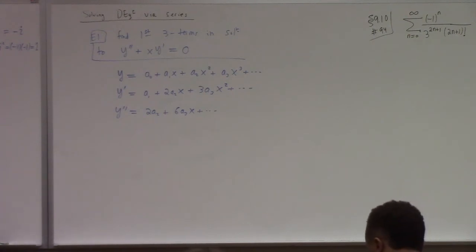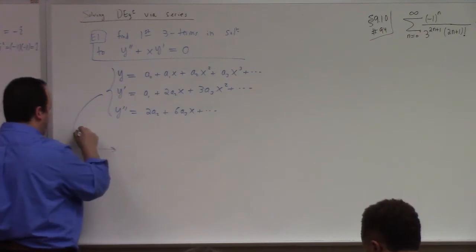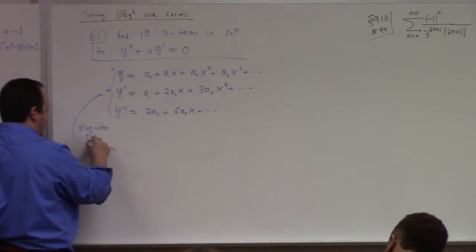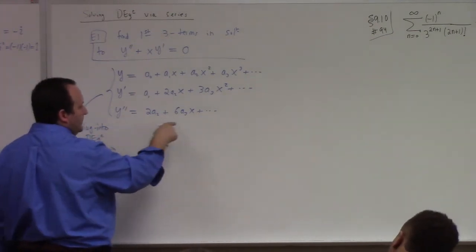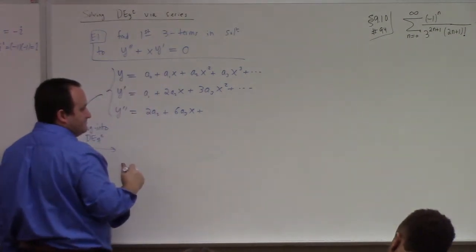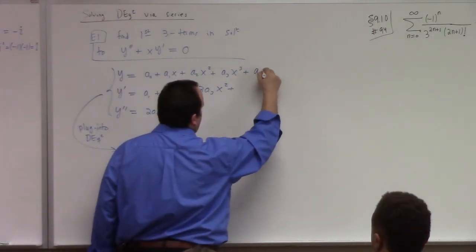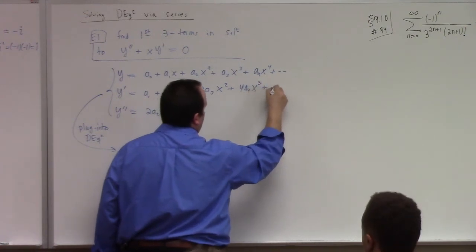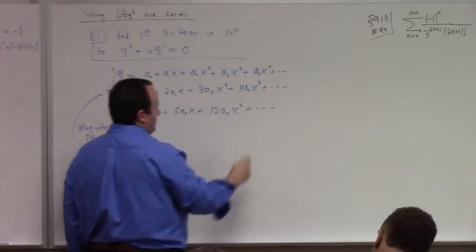Let's see here. So when you take these and you plug them into the differential equation, what does that give us? Y prime prime. What would be the next term here that I didn't write down? a4x to the 4th, so 4a4x cubed, and 12a4x squared would be the next term.